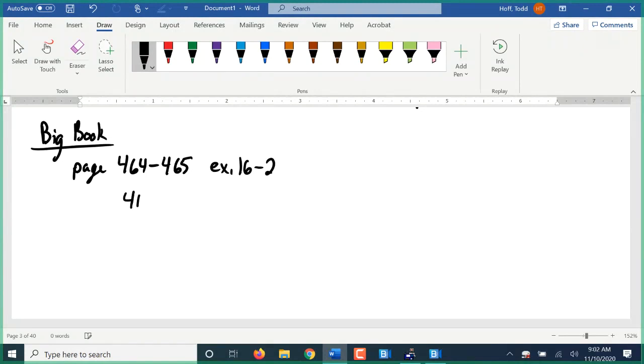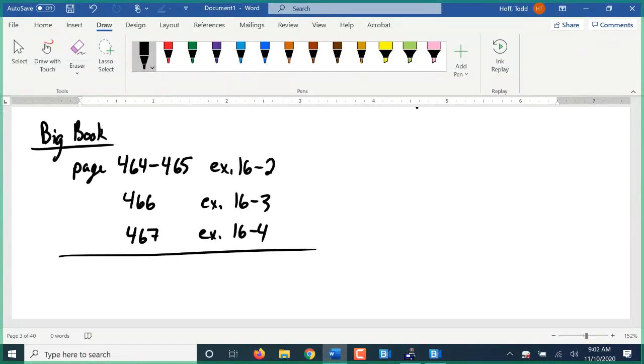Page 466, exercise 16.3, and page 467, exercise 16.4. We'll start out with those. Tomorrow we'll pick up from there, talking more about this slope-intercept graphing. And then we'll work ahead from there.